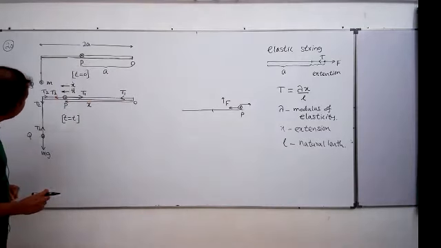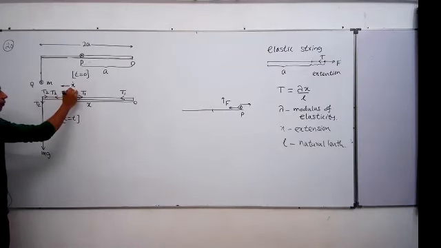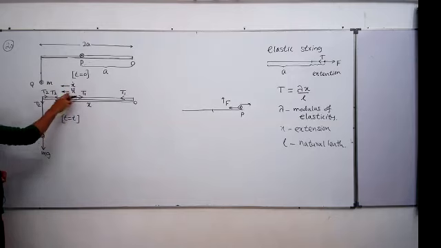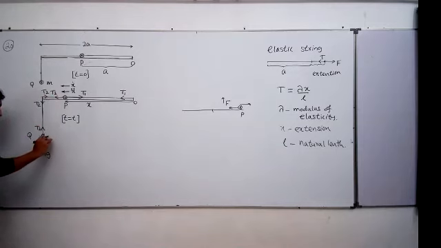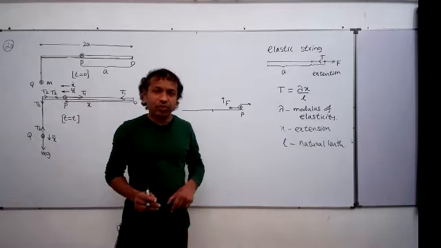Now, the other thing is this. When this particle P moves with acceleration x double dot, since this string is inextensible, you know the acceleration of this is also x double dot. That's the obvious thing, right?